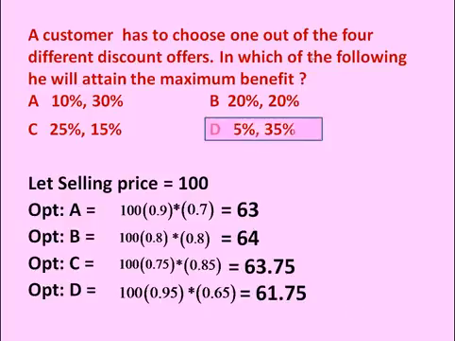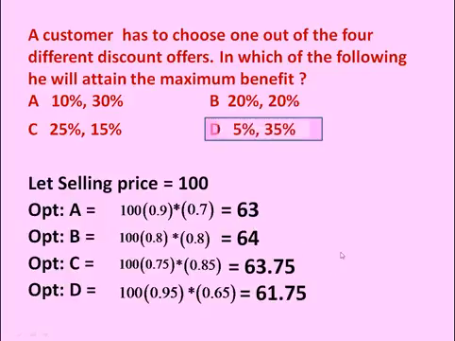Friends, if the question had been in which case the shopkeeper is getting the maximum benefit, then the shopkeeper will get the maximum benefit if he opts for option B. If he offers 20% and 20%, the shopkeeper will get the maximum benefit.